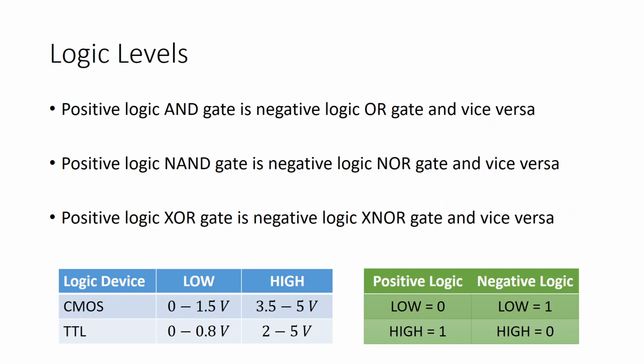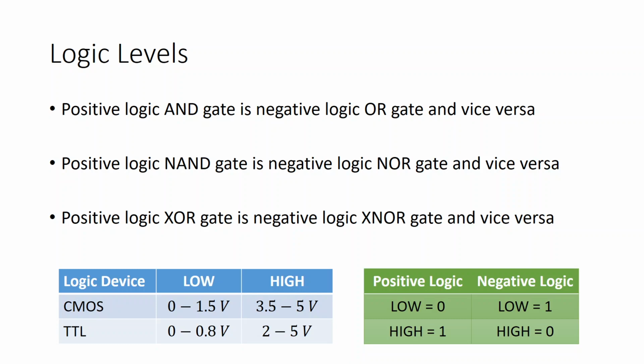Now the next thing that we want to understand about the logic levels is this simple fact: the correspondence between positive logic and negative logic systems. So we are working with the gates which are AND, OR, NAND, NOR, XOR, XNOR and NOT.